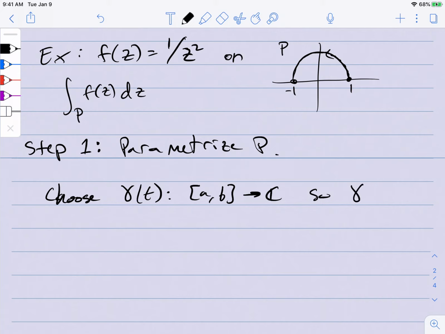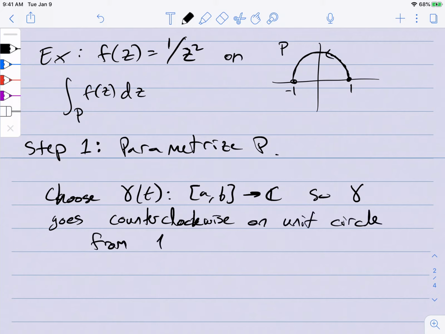So I want gamma to go counterclockwise on the unit circle from 1 to -1.